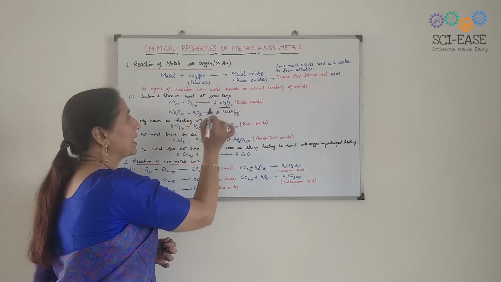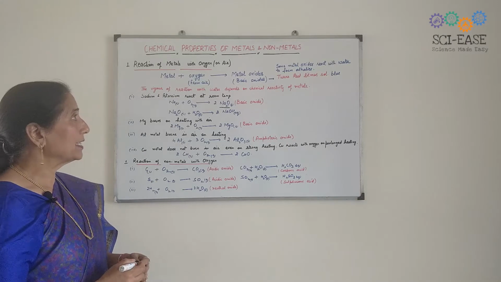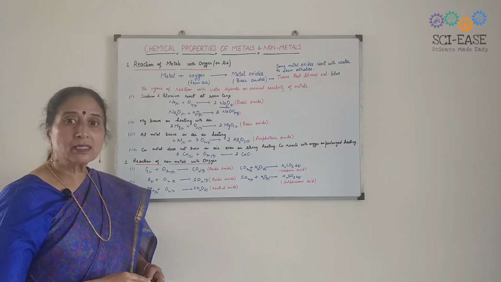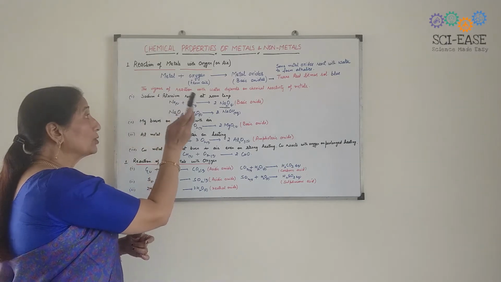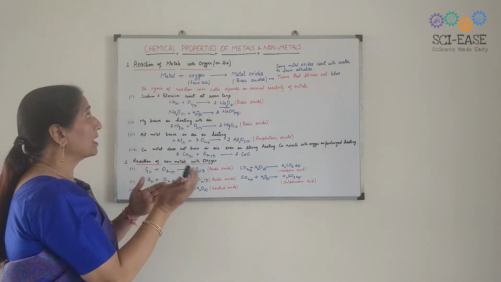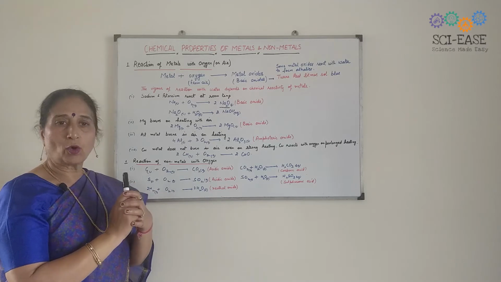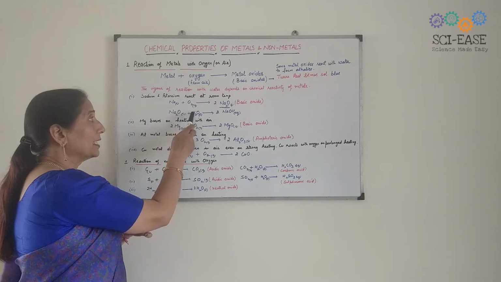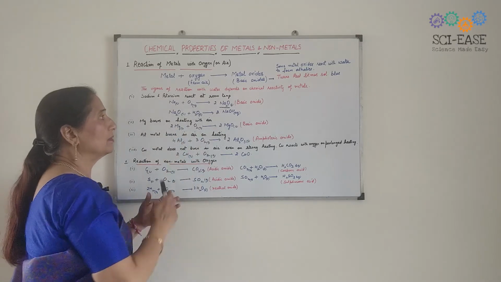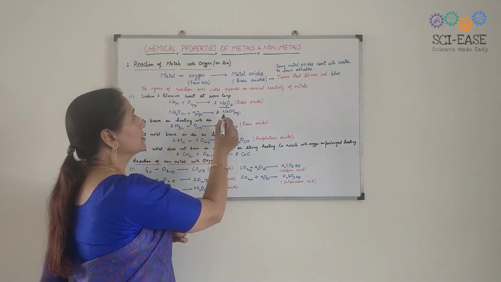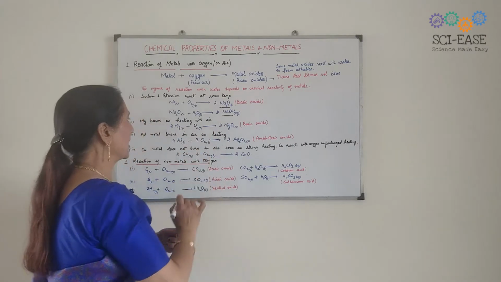Sodium oxide, that is the basic oxide, will turn red litmus solution blue. Now, I told you that some oxides are soluble in water. So sodium oxide is soluble in water. It will react with water and result in the formation of sodium hydroxide.